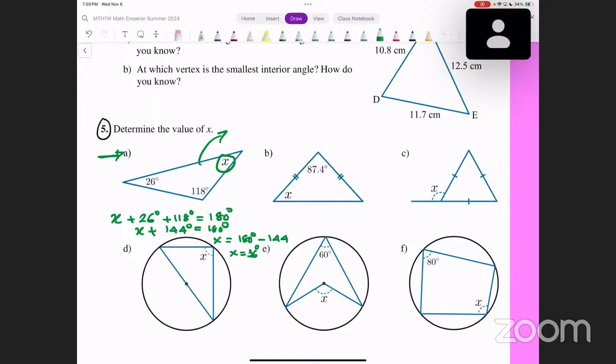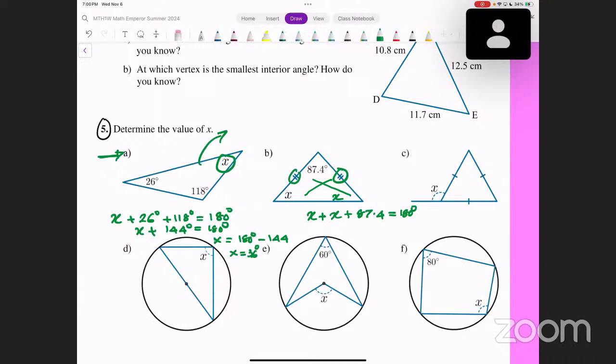46.3 is correct. So let's see why. Do you see the two equal signs? That says they are two equal sides, which means the opposite angles are equal. If this is X, how big is this? That is also X. Now, what do we know? X plus X plus 87.4 is 180 degrees, isn't it?